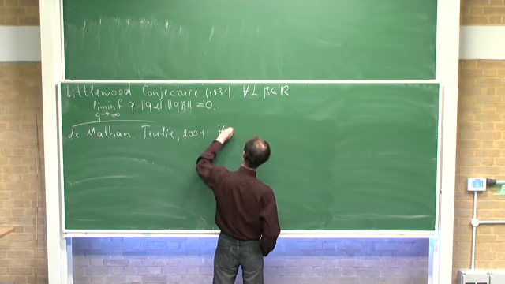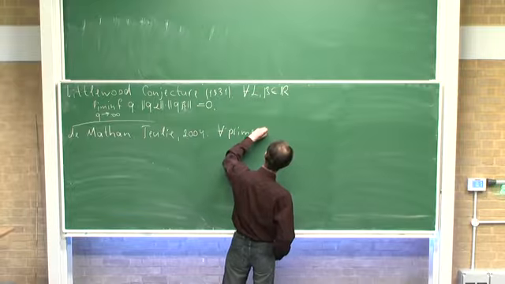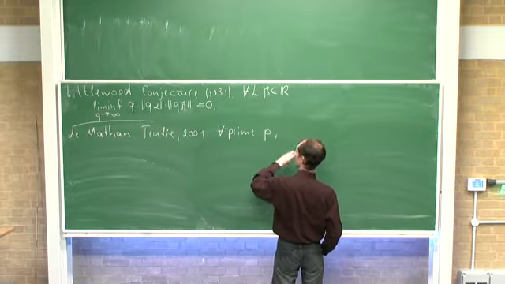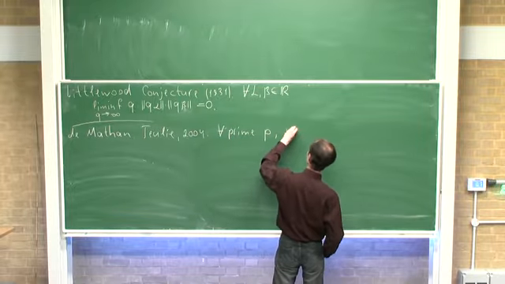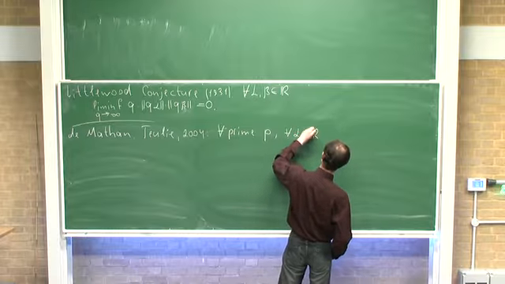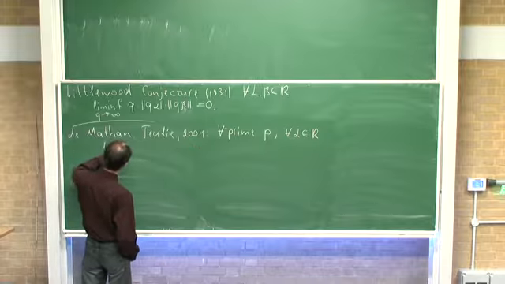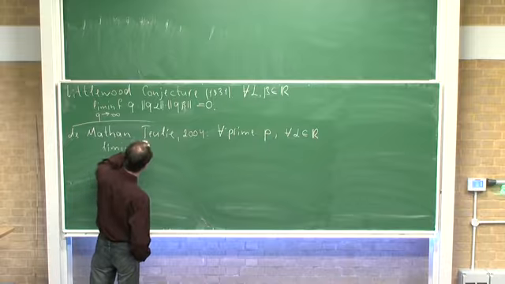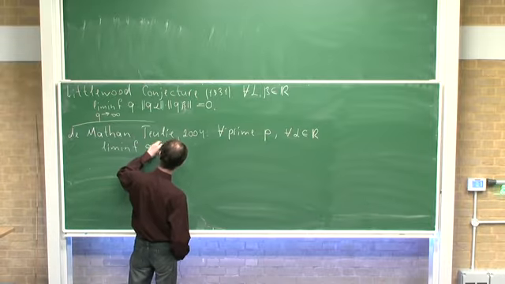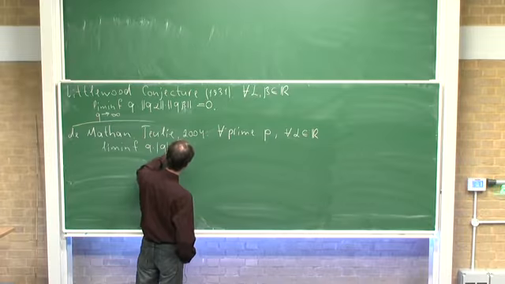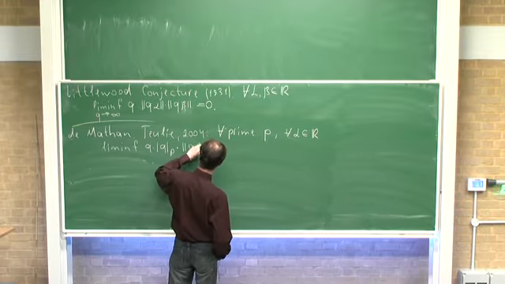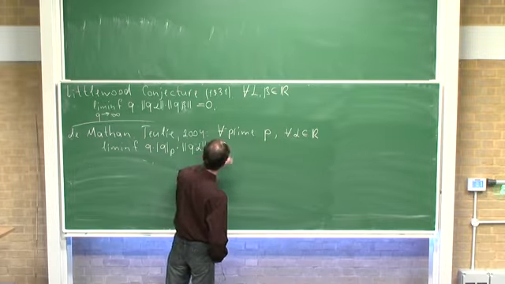For every prime p and every real alpha, the following limit, q times the p-adic norm of q times the distance to the nearest integer from q alpha, equals 0.